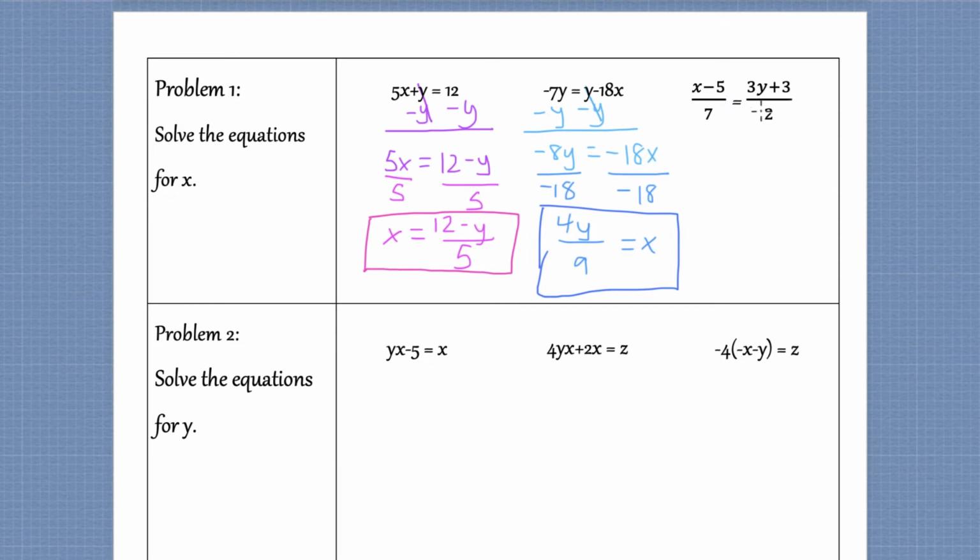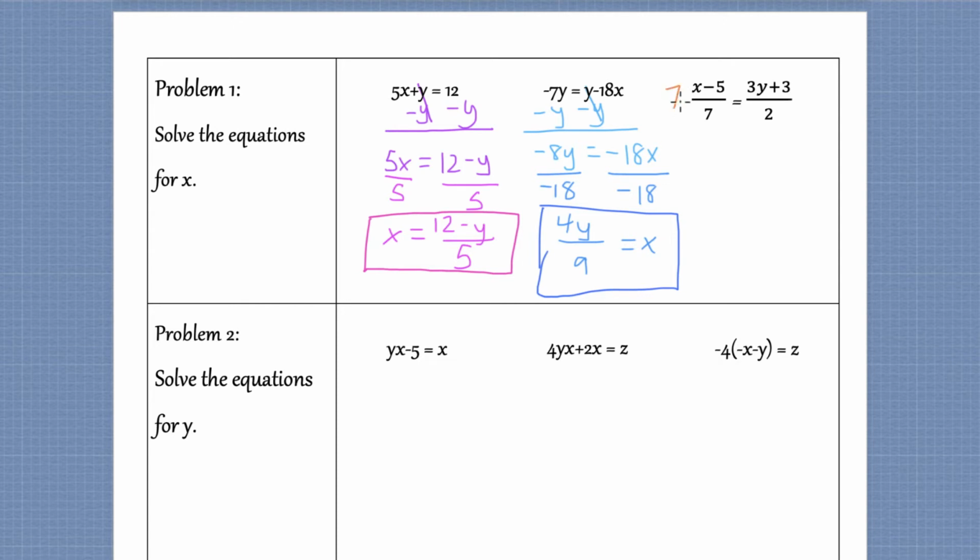Next up, we have this equation over here, and if you look, both of these equations are divided by something. They're both fractions on both sides. And so what we want to do is first get rid of the fractions on both sides.